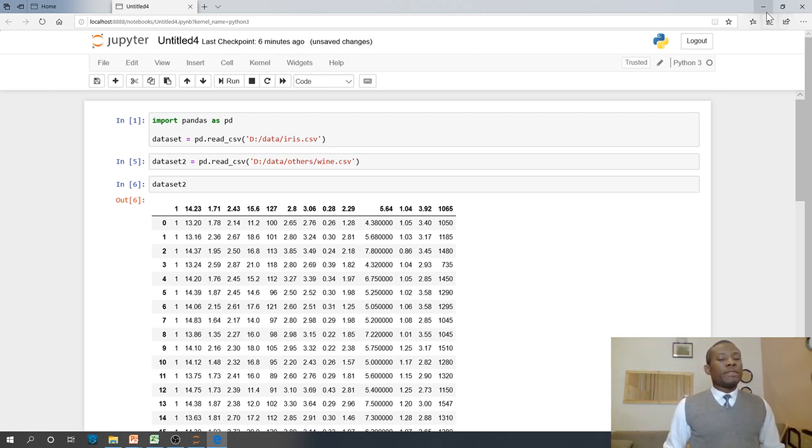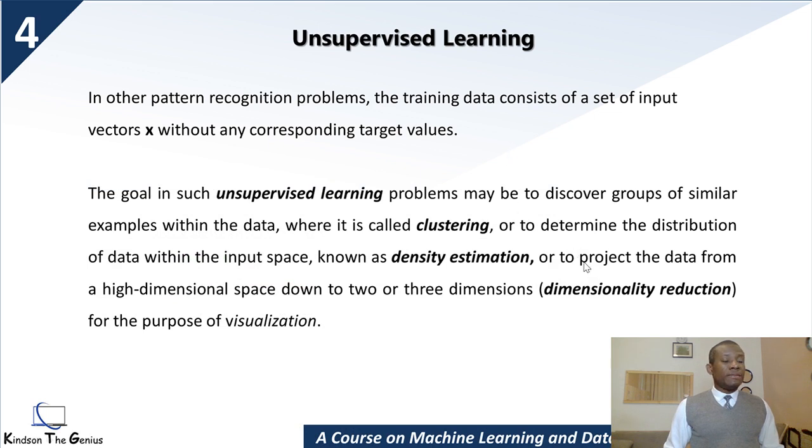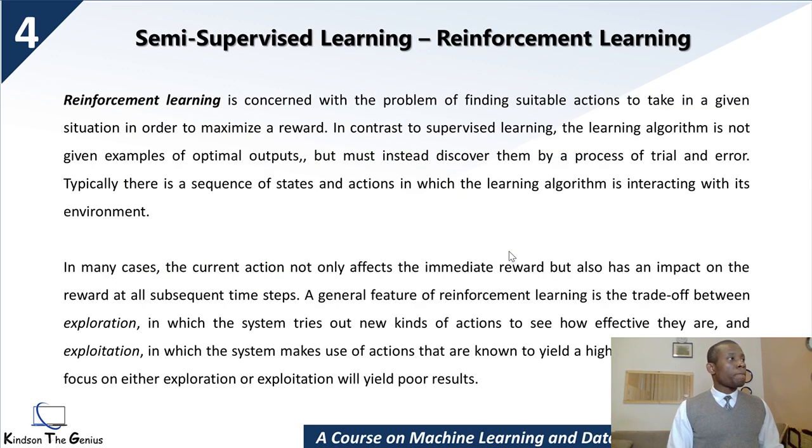So this is about unsupervised learning, and we are talking about clustering, dimensionality reduction, and density estimation. Now we have this concept of semi-supervised learning, which is also reinforcement learning comes under it. So what is it all about? Now each time, think of the kind of data set you are going to be using.